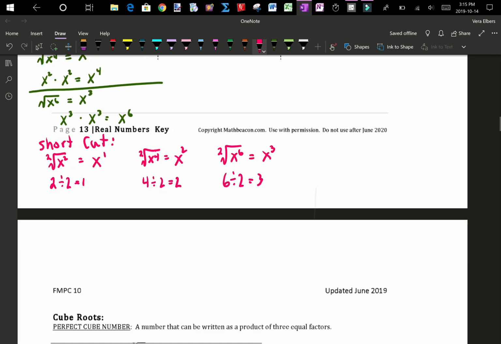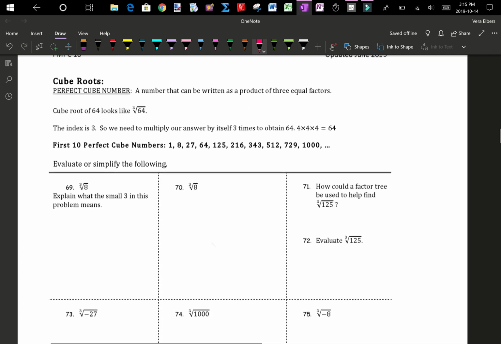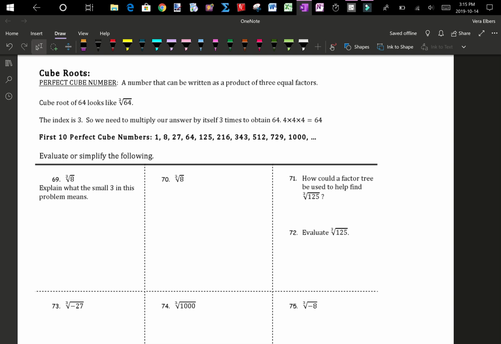Okay, and then when we go to the next page, we're going to be looking at cube roots. Once again, these were addressed in the video, so the only thing I really want you to take a look at are the first 10 perfect cube numbers. 1 is a perfect cube because 1 to the 3rd power gives me 1. 8 is a perfect cube because 2 to the 3rd power gives me 8. 27 is a perfect cube because 3 to the 3rd power gives me 27.